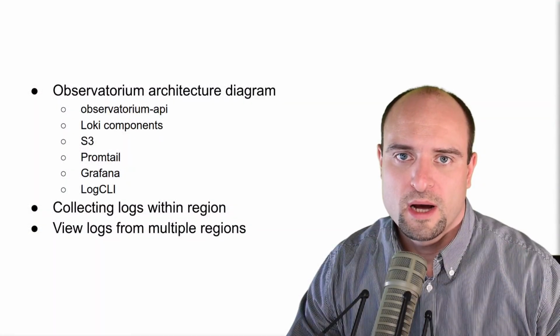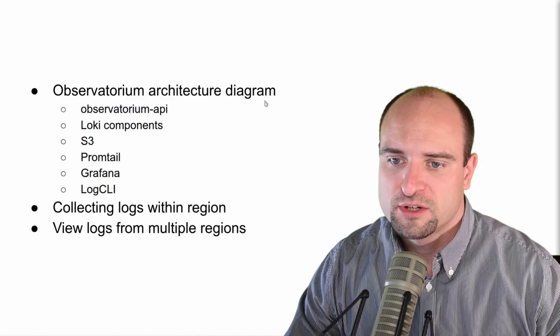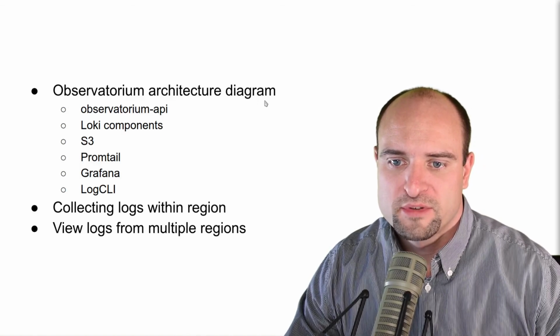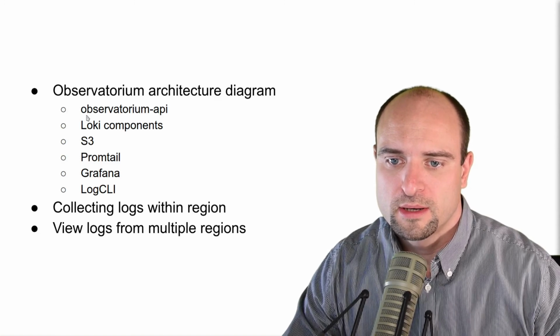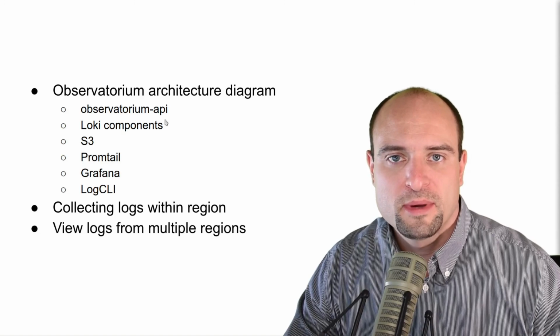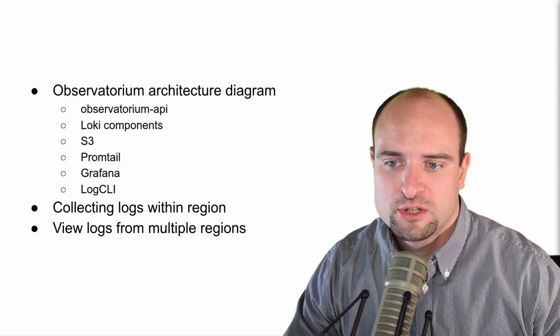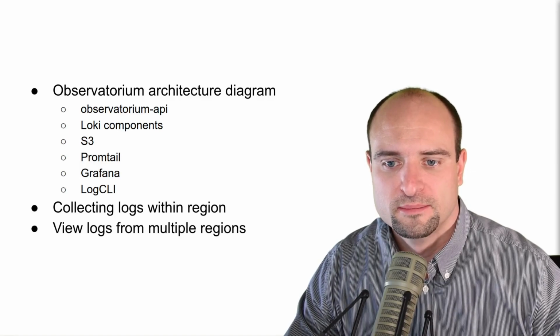Let's review what we covered in this video. We discussed the Observatorium architecture diagram, and we have seen that at the front of the Observatorium deployment there is a component called Observatorium API. Observatorium API is a facade which takes care of request authentication and authorization.